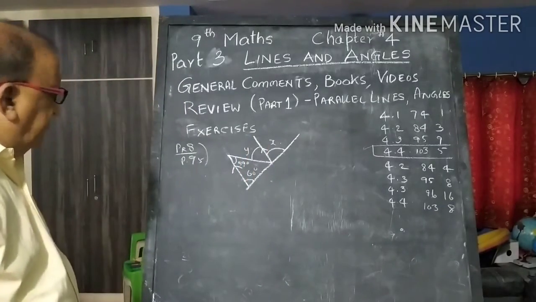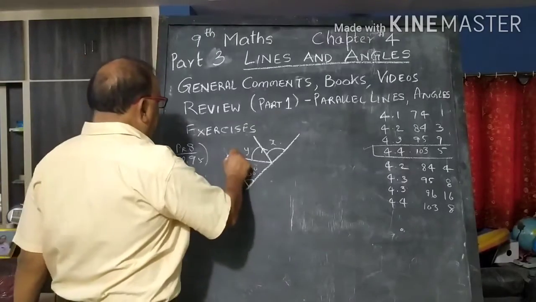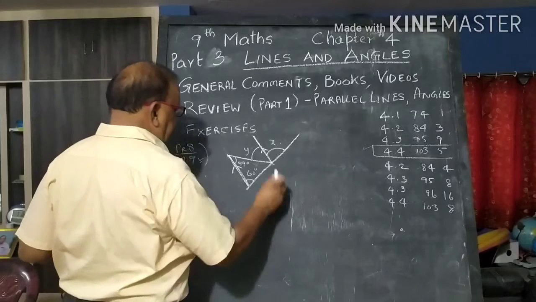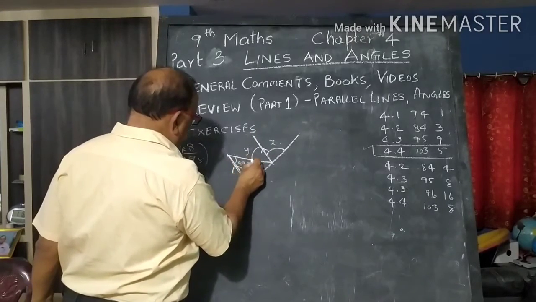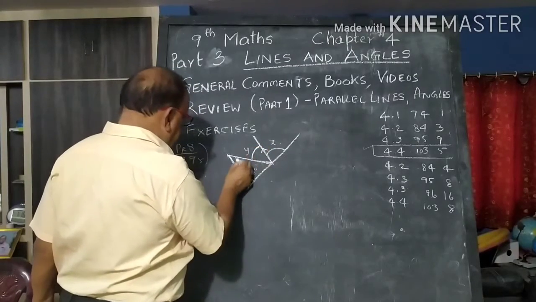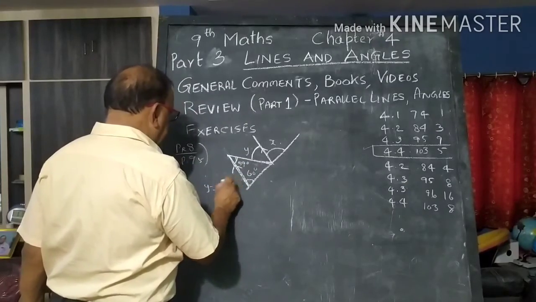It's easy. It's not that difficult. Okay? You can see that. So there are two parallel lines here. You don't have to even name them. You have two parallel lines. This is a transversal. Suppose this is a transversal, this angle should be equal to this angle. Therefore, y is equal to 59 degrees.